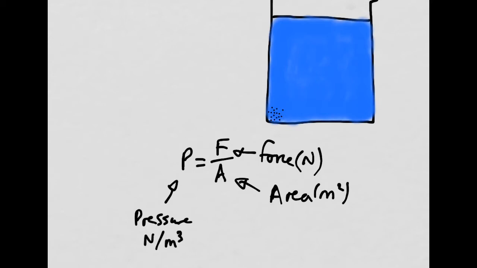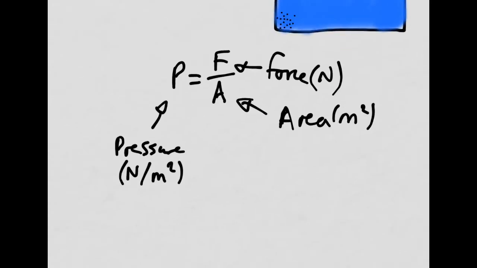Alternatively, you can use pascals. Instead of writing newtons per square meter, you could write pascals. Both are valid units of pressure.